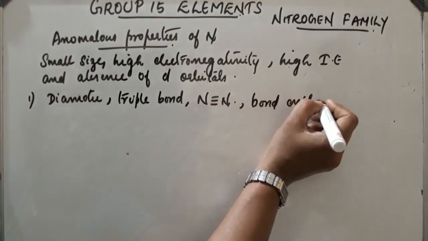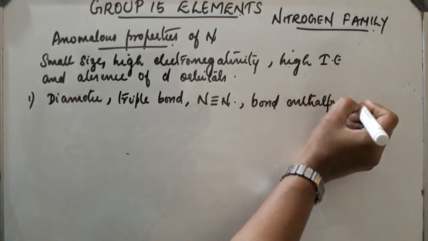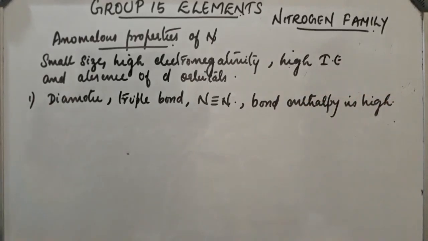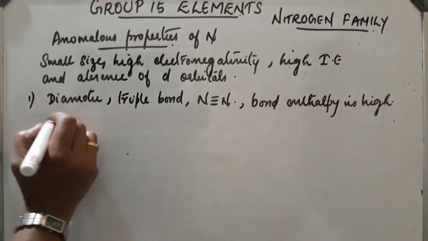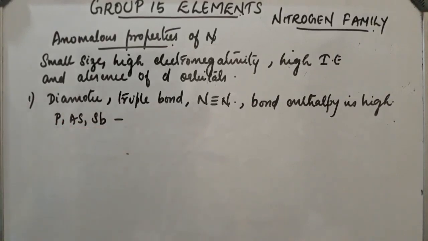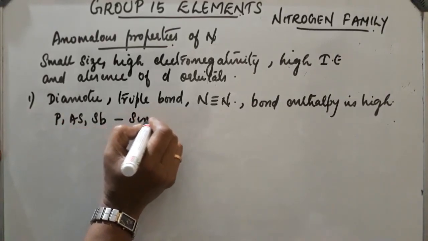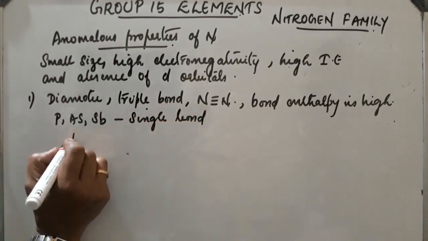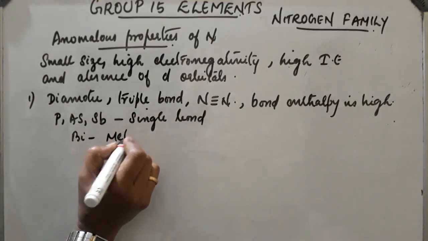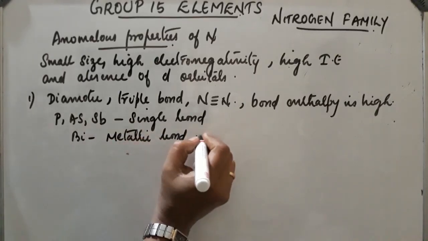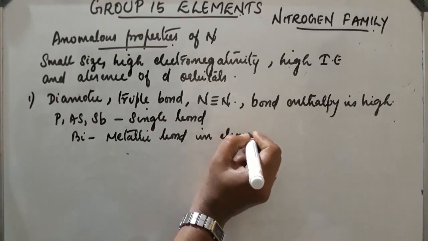N triple bond N is a shorter and stronger bond. In the case of phosphorus, arsenic and antimony, they have single bonds. Then bismuth has metallic bonding in its elemental state.